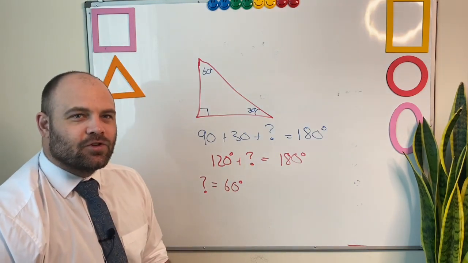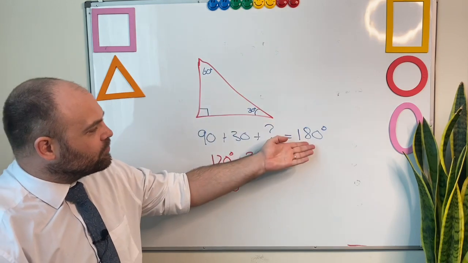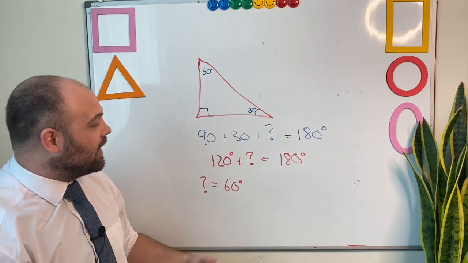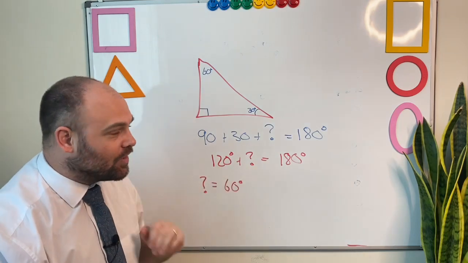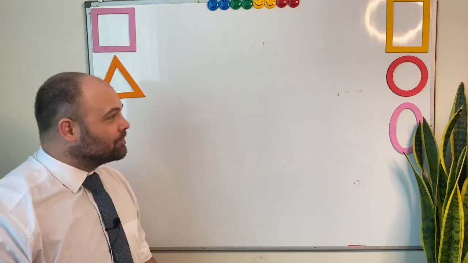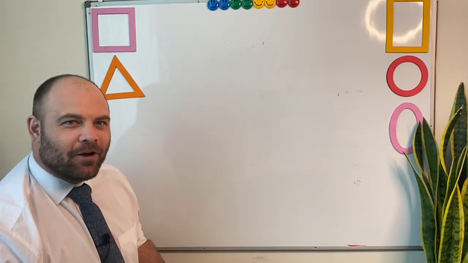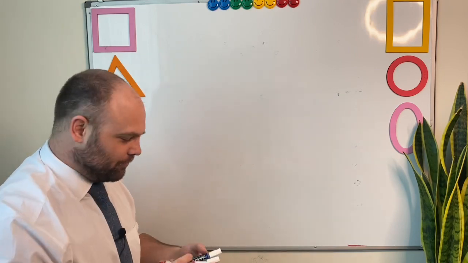All right, so all we need to do is calculate by subtracting from 180, or finding out what I need to add to my current angles to get to 180, in order to find my missing angle. The next thing we're going to talk about is how to find missing angles in a quadrilateral.